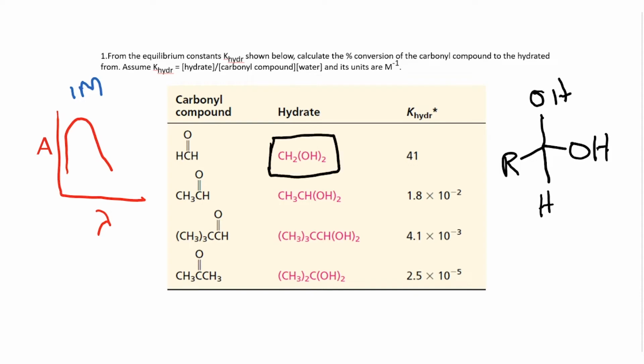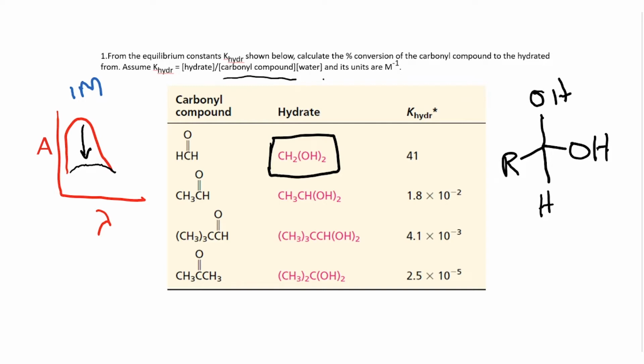The hydrate does not have an absorption at this wavelength, so you will find that the absorption goes down in water. By measuring this difference in absorption, you can estimate how much of the aldehyde has formed the diol. So you can experimentally determine the concentration of the carbonyl compound which you started with, and the carbonyl compound after you added water.